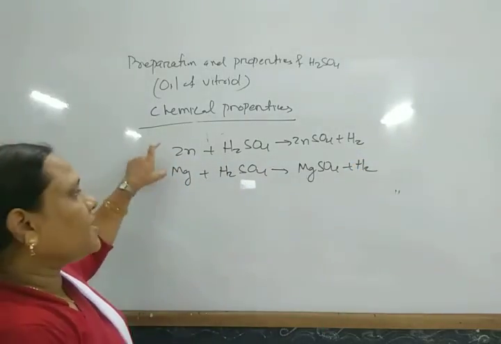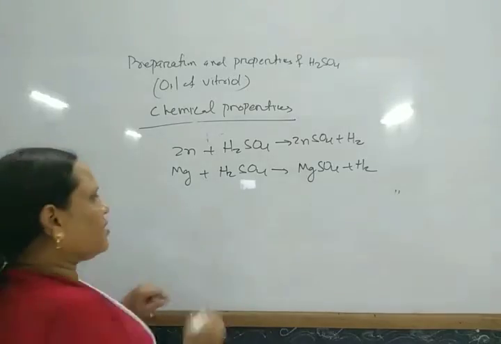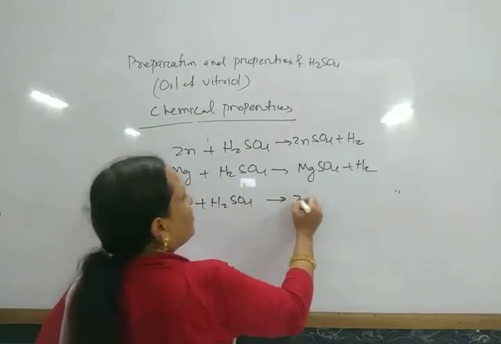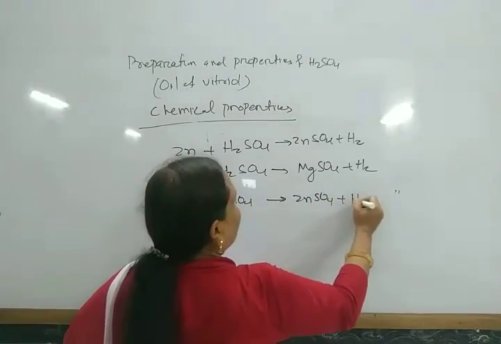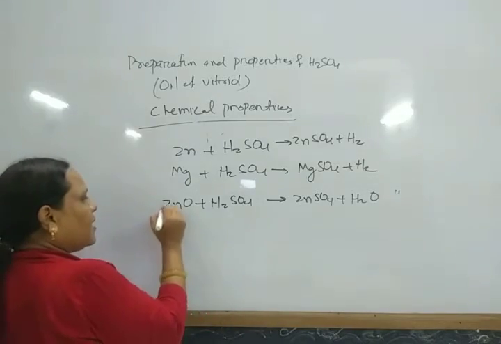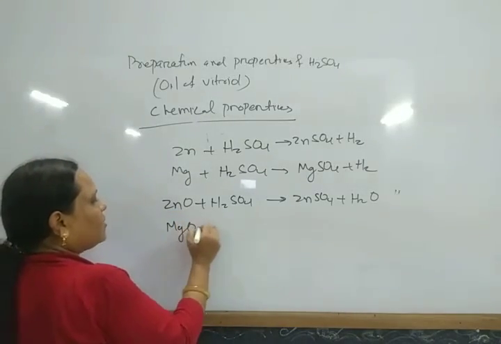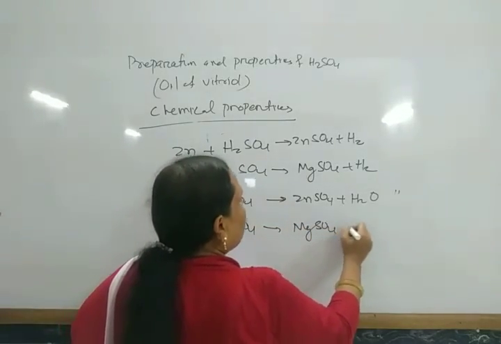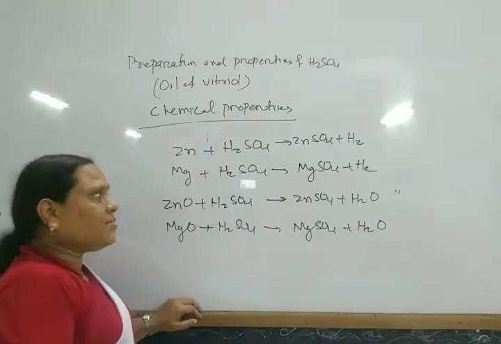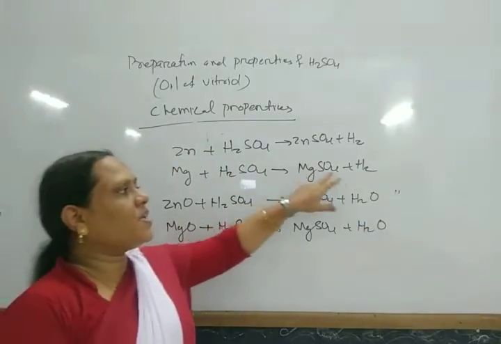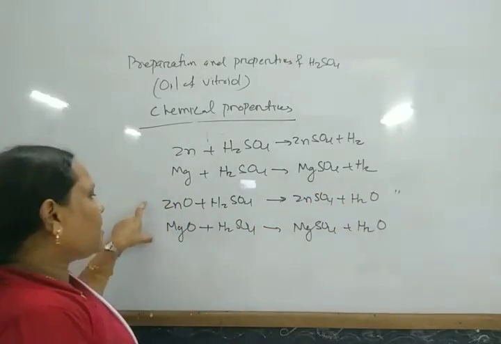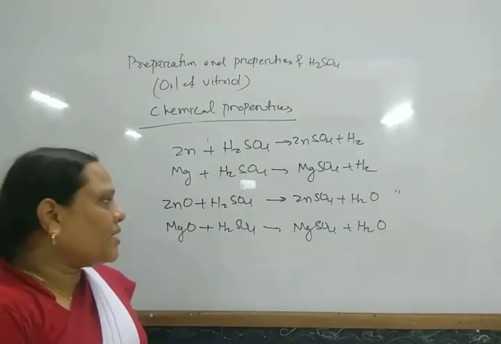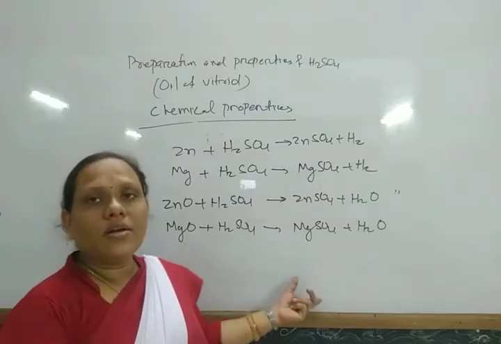It reacts with metal oxides to form salt, like ZnO plus H2SO4 gives ZnSO4 plus H2O. So it reacts with metals to form the corresponding salt and hydrogen, with metal oxides to form salt and water, and with metal hydroxides to form salt and water.